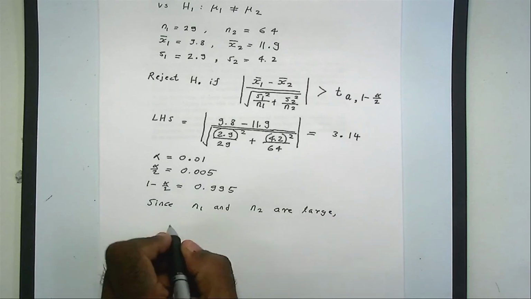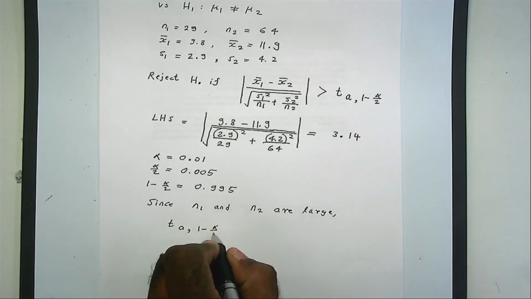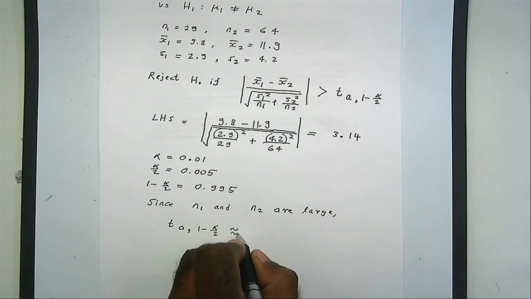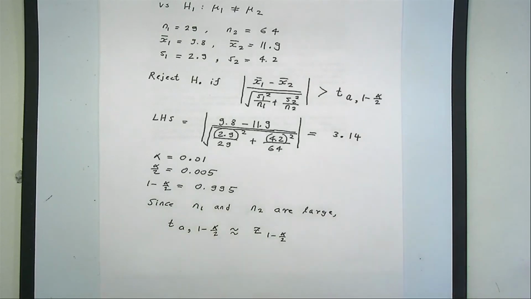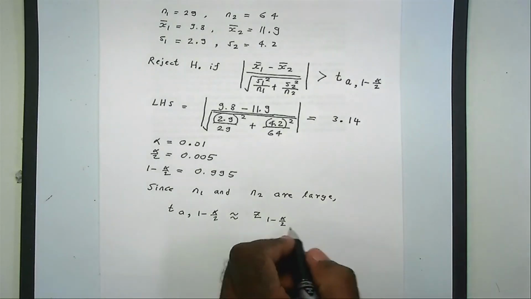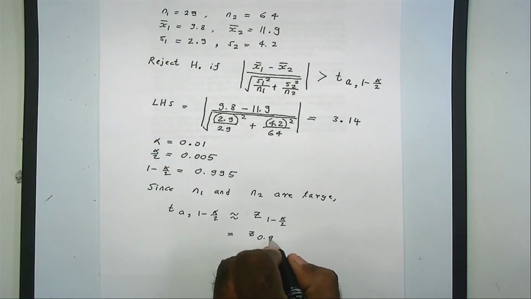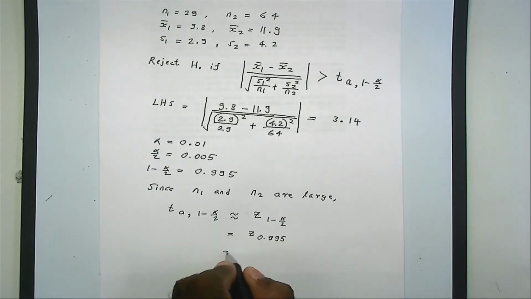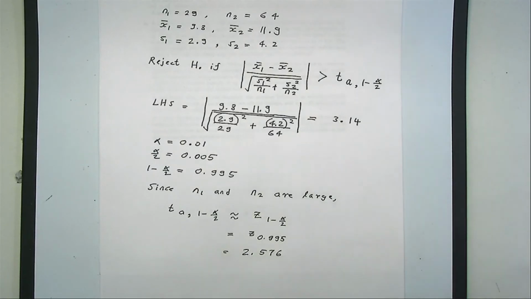we can approximate this percentile by a normal percentile. This is the percentile of the standard normal distribution. Now this is Z 0.995, and if you read this off the table, you will get 2.576.